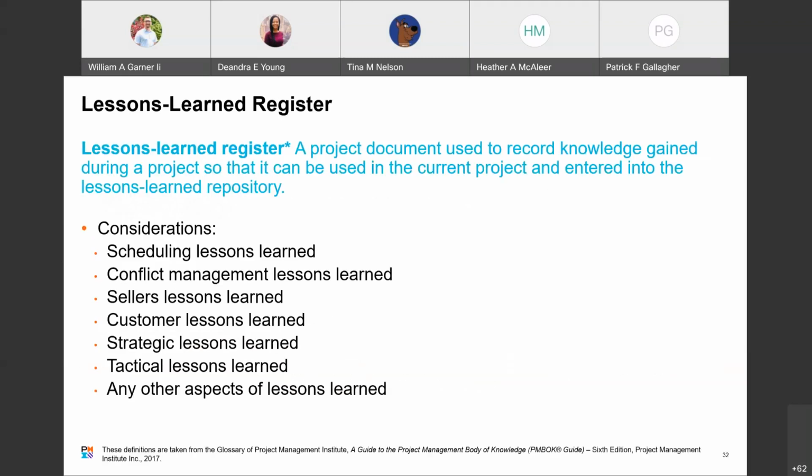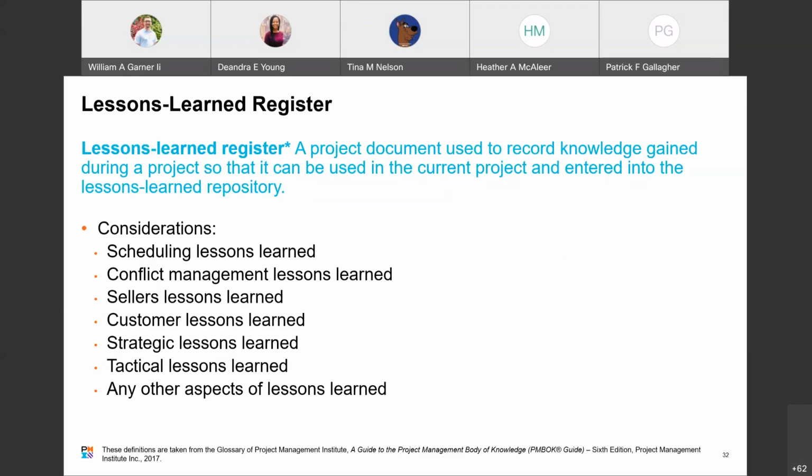So, lessons learned register. At the end of the project, you've gathered all the relevant information about the work done in a project or project phase and documented it in the lessons learned register.